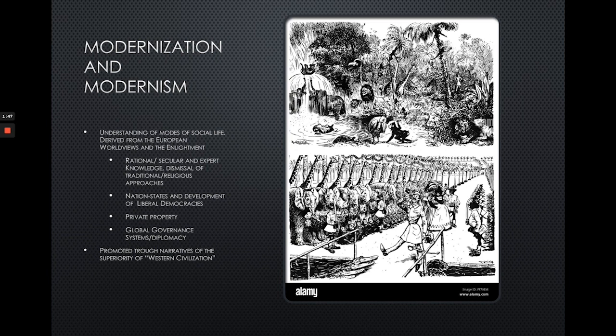This is a cartoon from the late 19th century during the scramble for Africa. This was published on a German newspaper that contrasts the situation in Namibia in Africa before the European settlers came, where it's kind of chaos and all the animals and people are doing whatever they please.